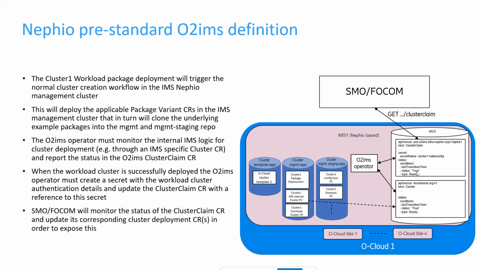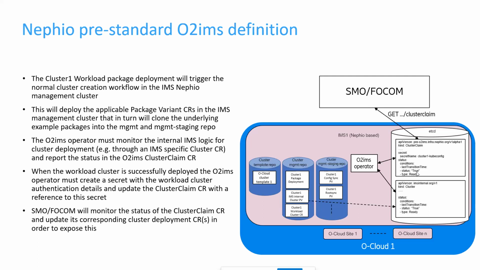The SMO creates the cluster claim, maybe it's exposed in a way that it can take actions against it. But if SMO or FOCOM needs to know the actual state of anything, it should go through the inventory. And that's where the cluster CR below is what would be the inventory.